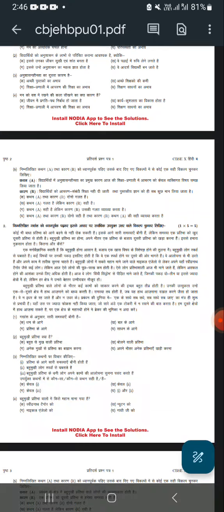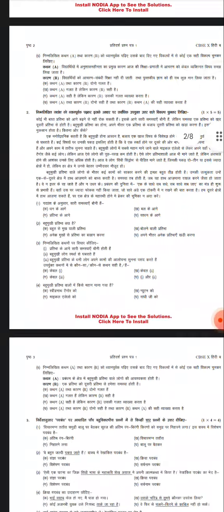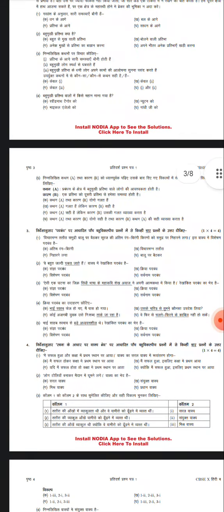Then comes the second question, which is again an unseen passage with 5 marks. So remember, the first and second questions will be unseen passages with 5 marks each.